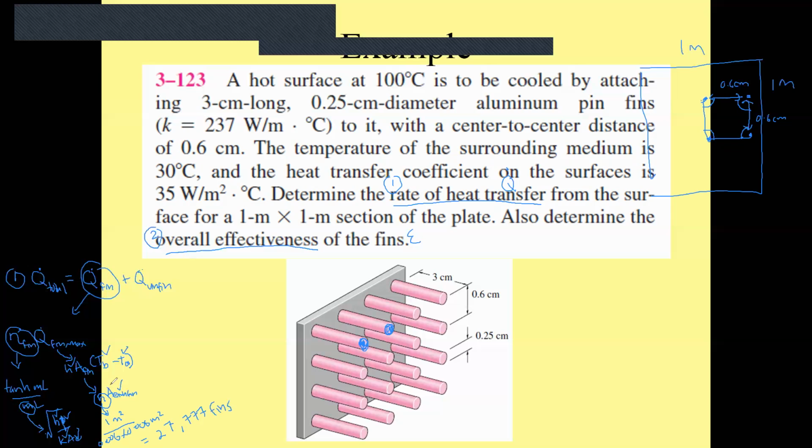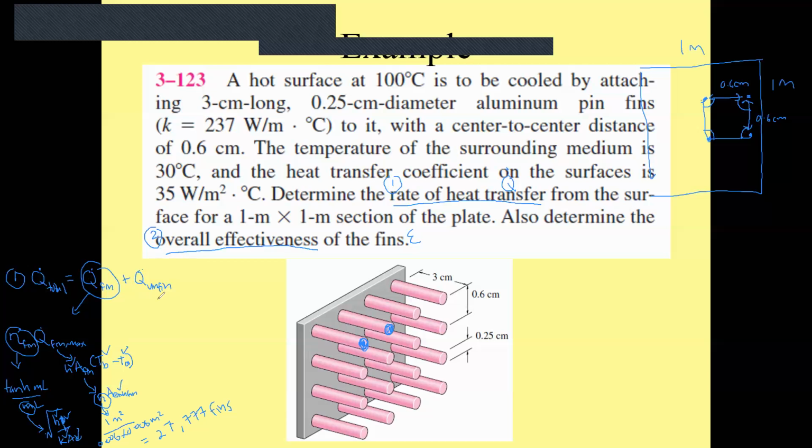You put it in here, and then you put in the value of the area of each fin. You get the total area of the fin, and then you put in h and the temperature difference. You get the maximum heat that can be released by the fin, and then times the efficiency of the fin that you calculate using this. So this is from the fin only.